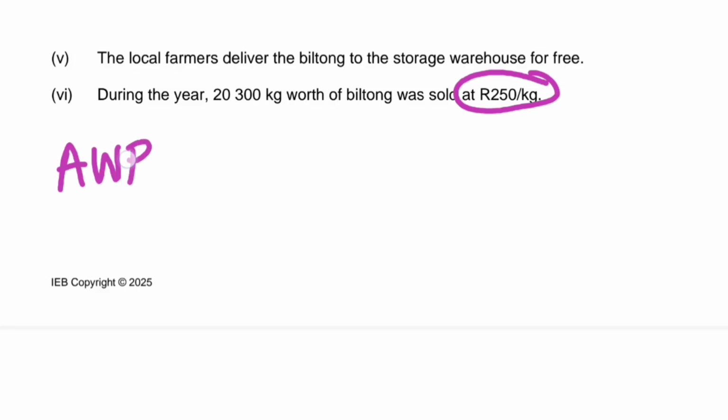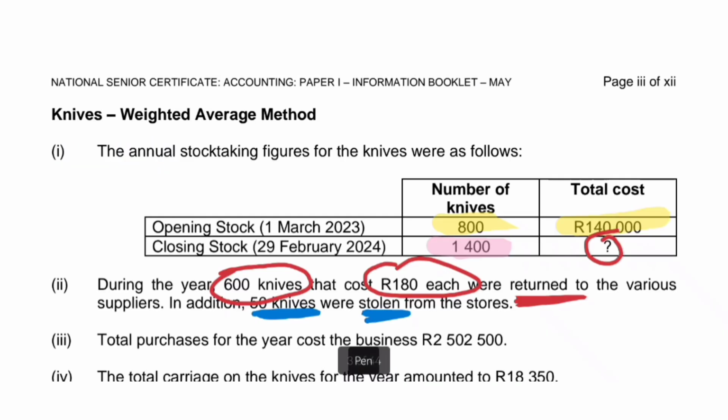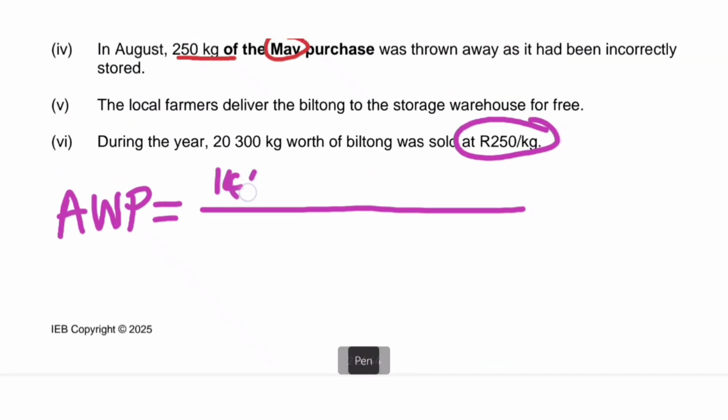So the average weighted price, we know that at the start of the year, we had 800 knives and they cost us 140,000 rand. So we'll do 140,000, all that for 800 knives.